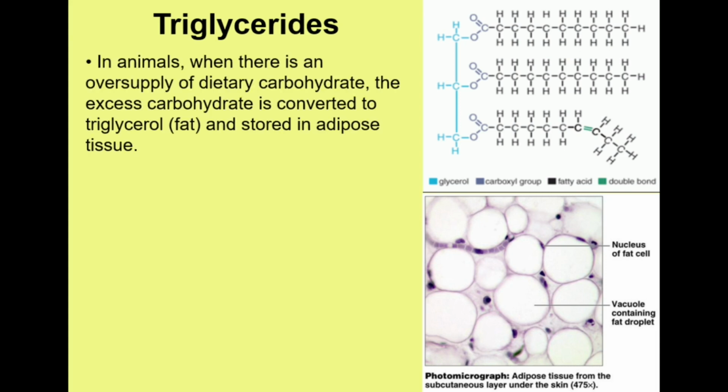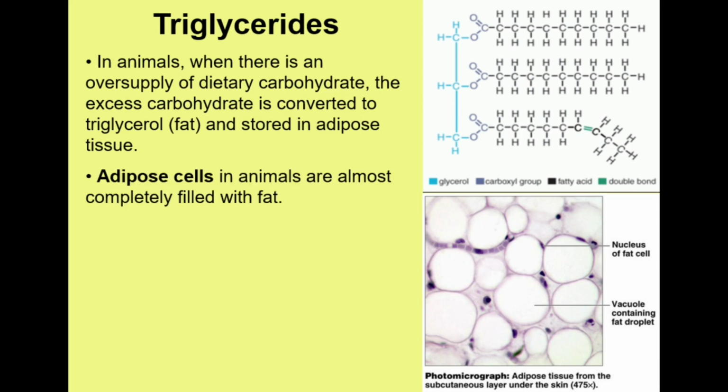In animals, when there's an oversupply of dietary carbohydrate, the excess carbohydrate can be converted to triglycerol, which is fat. This fat is stored in adipose tissue, and adipose cells, which make up this tissue, are almost completely filled with fat.